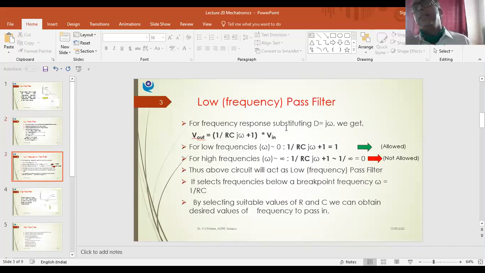Now, when I get this transfer function, we'll be studying it during control systems. I carry out two types of response studies: one is time response study and the second is frequency response study. When I give a time based input to my system, how the system behaves is called time response, and when I give a frequency input, how my system responds is called frequency response.